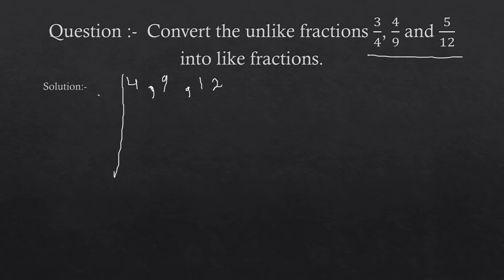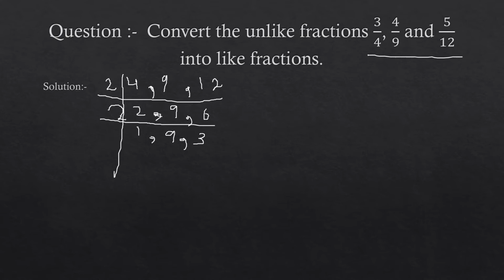First of all we will find the LCM, so we will use 2 first. 2 2s are 4. 9 cannot be divided by 2, so it will be written the same. 2 6s are 12. Again we can use 2 here. 2 1s are 2. 9 cannot be divided, so it will be written the same. And 2 3s are 6.